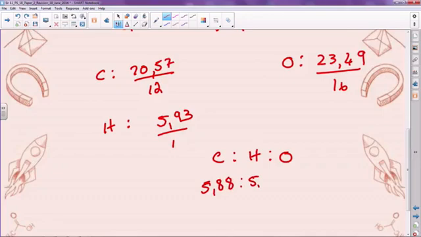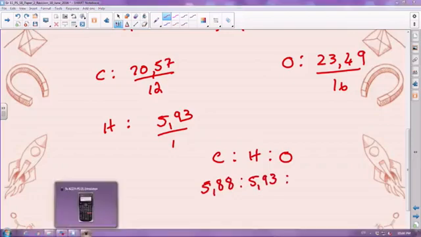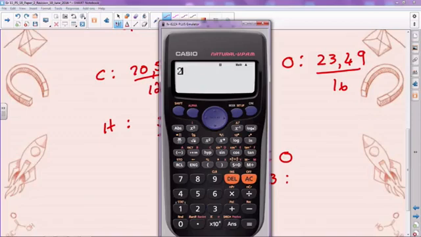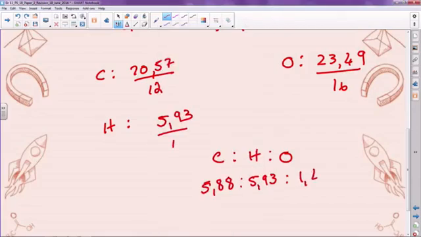This is 5.93, and my oxygen, 23.49, I'm going to divide that by 16. That's going to give me 1.47.